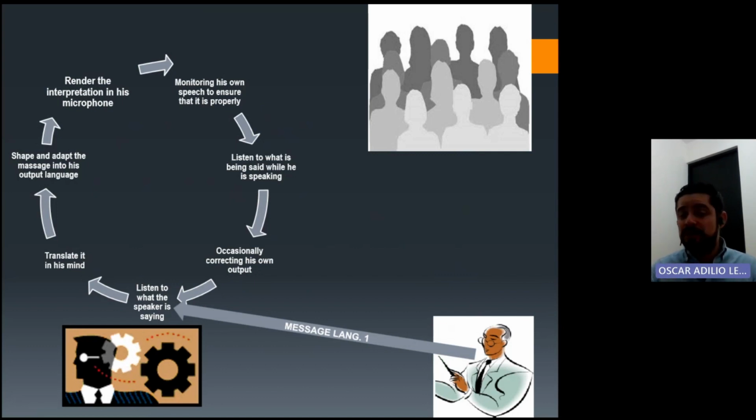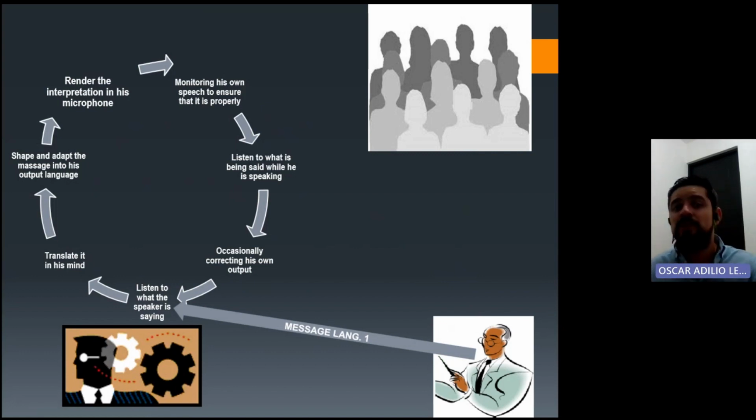So that's what the interpreter does. Usually, when we are interpreting, we have a headset. I don't have one available here, but usually we will leave one ear a little bit free from the headset in order to listen to our voice.